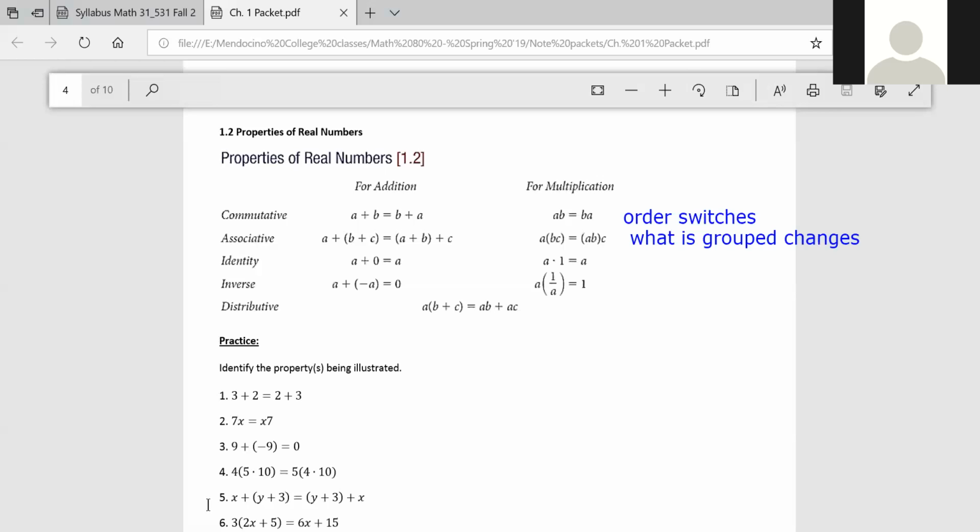Well, actually, the x is, so it's commutative. Good, yeah. It kind of fools you because you see parentheses, and our natural inclination is to say associative when we see parentheses. Right. But like you said, the order actually did change. And what's grouped didn't change. The y plus 3 is still y plus 3 being grouped.